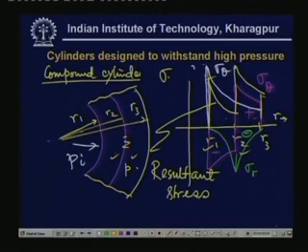But how to get that value of P is a statically indeterminate problem and cannot be solved unless you take the strain into account.